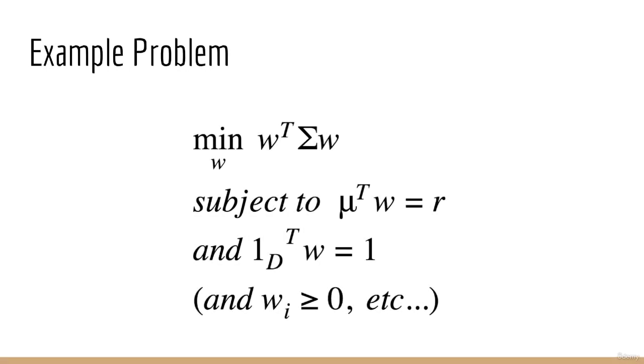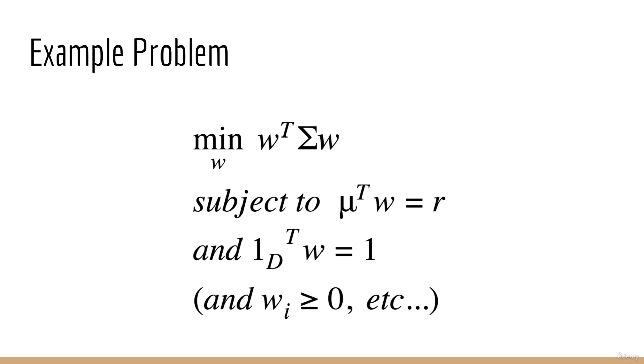Alright, so knowing what we know so far, this problem is quite easy to formulate if we make some assumptions. Let's assume that our objective is to minimize risk, or in this case, variance. That is, we want to minimize W transpose sigma times W with respect to W. Let's also assume that we would like to achieve a specific expected return on our portfolio.